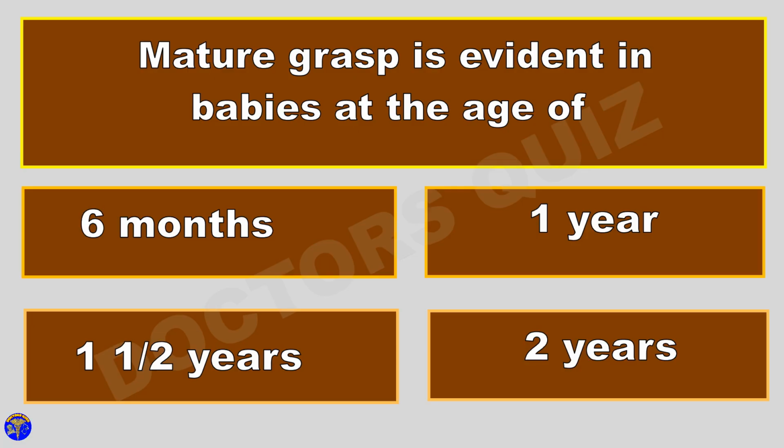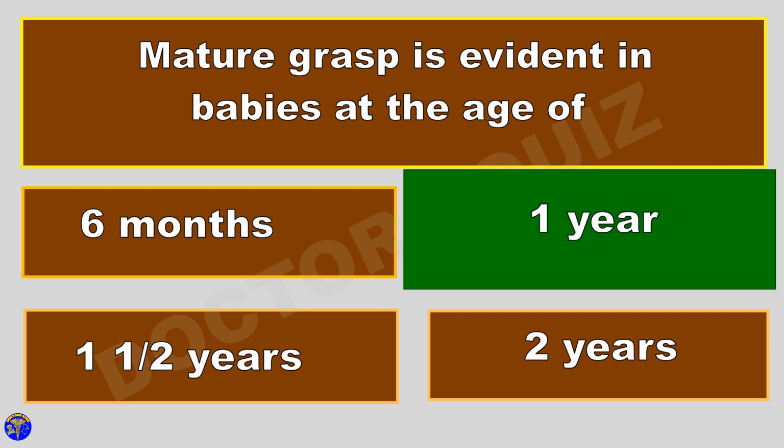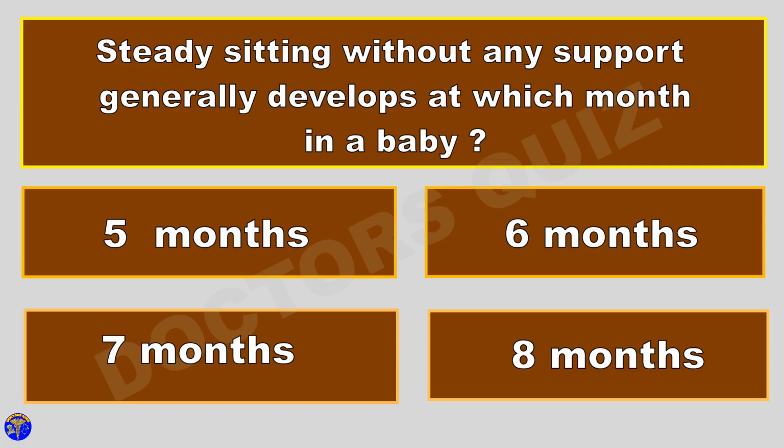Mature grasp is evident in babies at the age of 1 year. Steady sitting without any support generally develops at which month in a baby? 8 months.